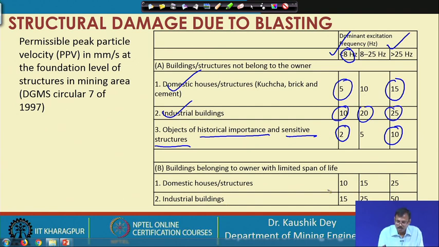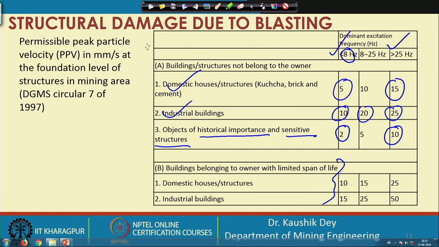So, there is some relaxation given to the buildings which belong to the owner, if that is damaged because of the industrial owner it belongs to. So, that is why this relaxation is given for those structures.